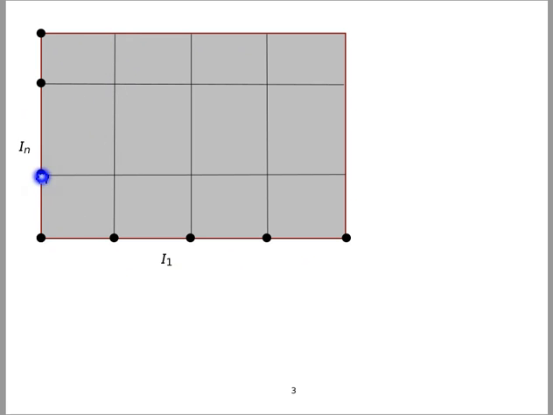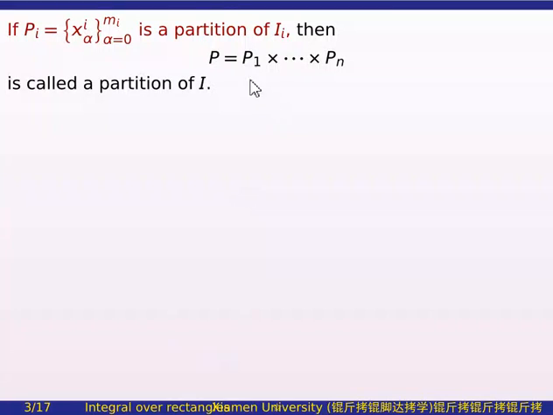For example, this rectangle can be identified with the 4 points 1, 2, 3, 4. In this way, the partition of this rectangle can be identified with the Cartesian product of the partitions of the edges I1, ..., In of the original rectangle.